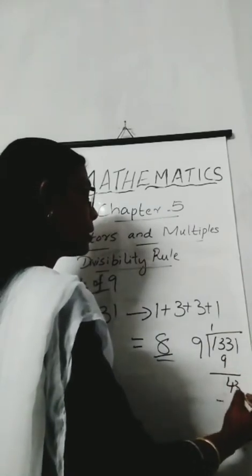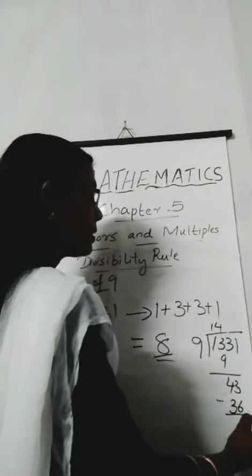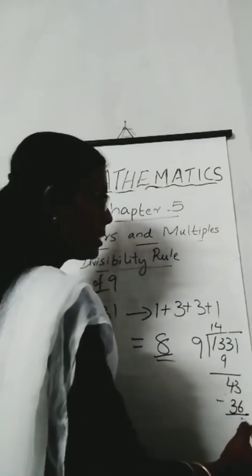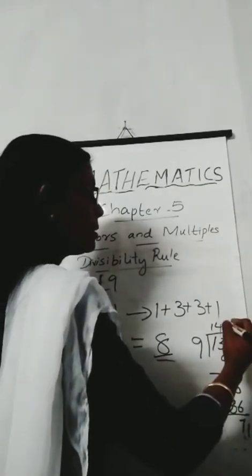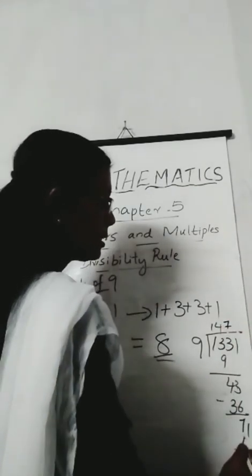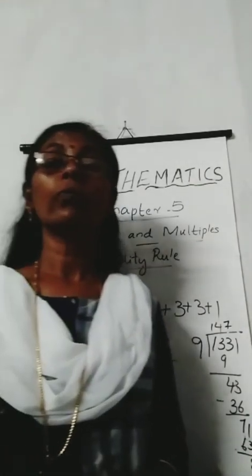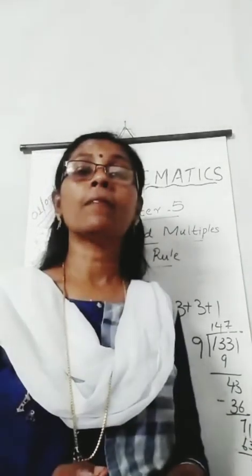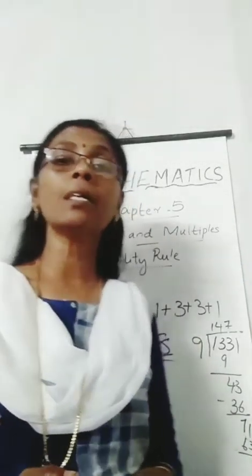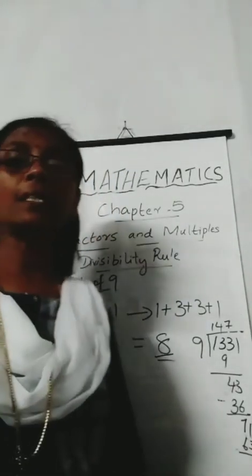Remainder 4, 43. 4 9s are 36. Remainder 7, 71. 7 9s are 63. Remainder 8. So what does this show? It shows that 1331 is not divisible by 9 since the remainder is 8.